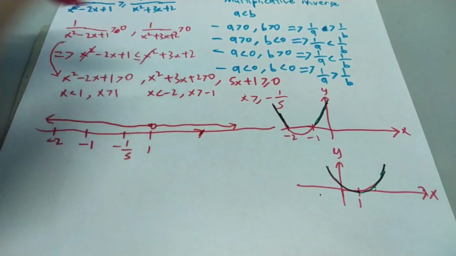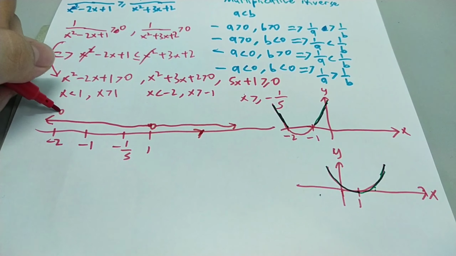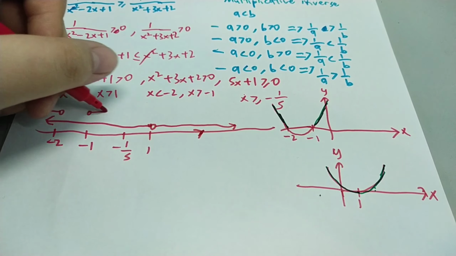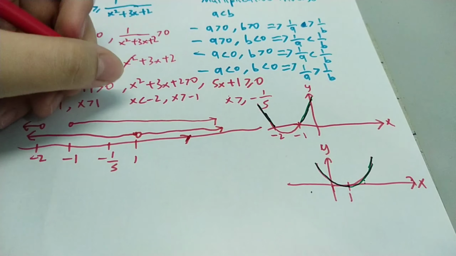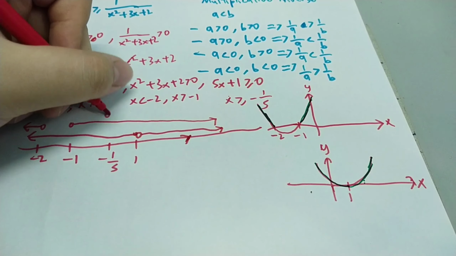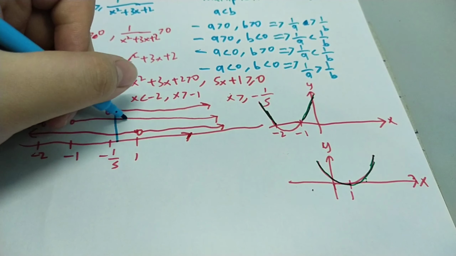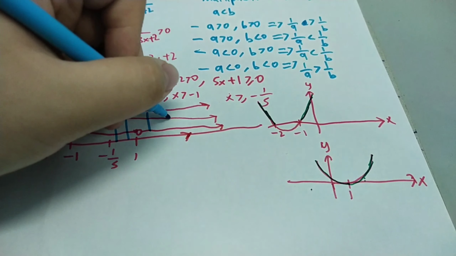The second range is x must be less than negative 2, and x must be bigger than negative 1. The third case is x must be bigger than negative 1 over 5. And then we are going to solve this system of inequality by defining the overlapping region.